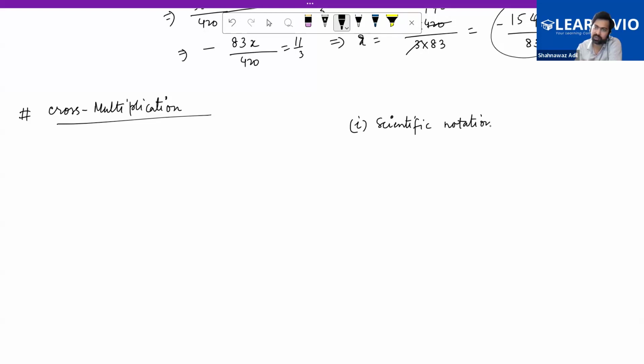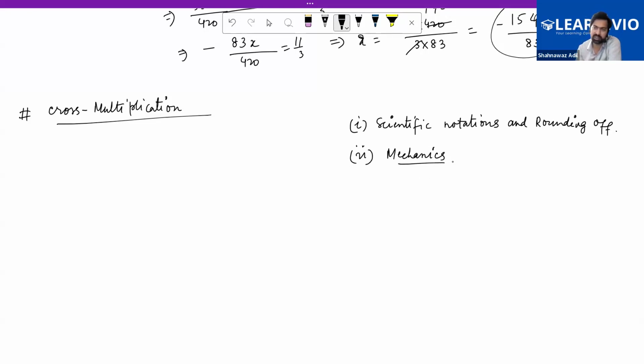I will talk about scientific notations and rounding of the numbers, right? And then I will talk about the mechanics part that you guys have done. This would be used in your electric charges, electricity and magnetism.